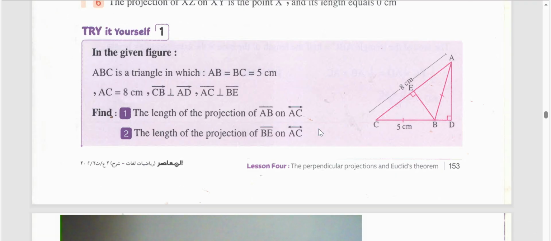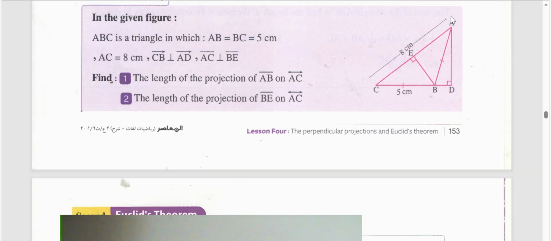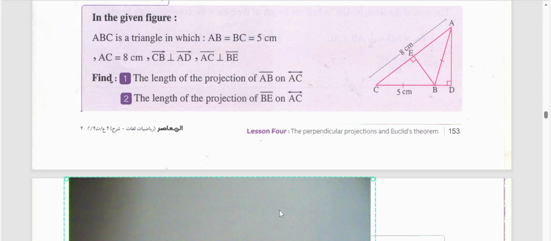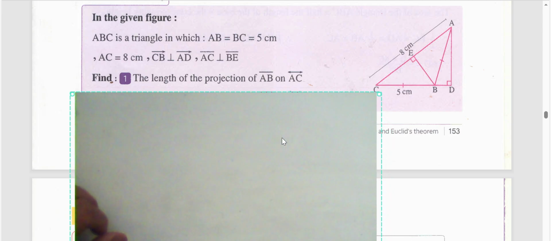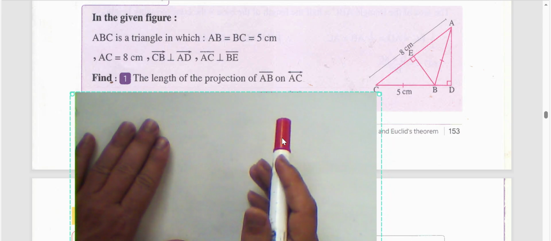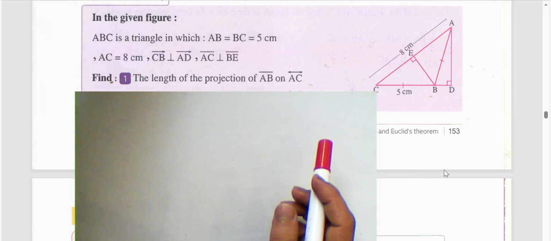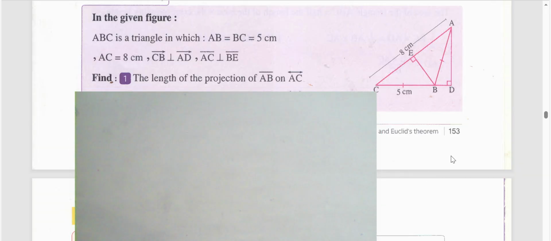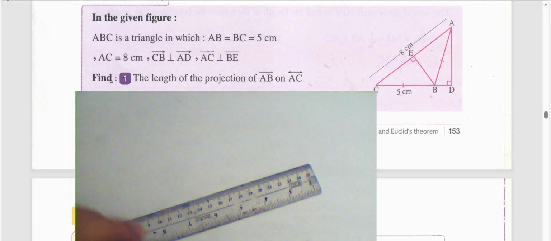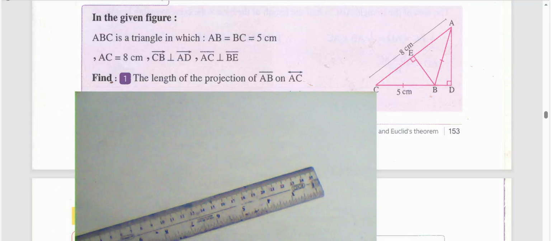We have a right angle triangle here, right angled at D, and we are given AC is 8 cm. We want to find the length of the projection of AB on AC. First step, I want to find the projection of AB on AC, so I put the ruler on AC to find the projection. Listen to me about the steps.